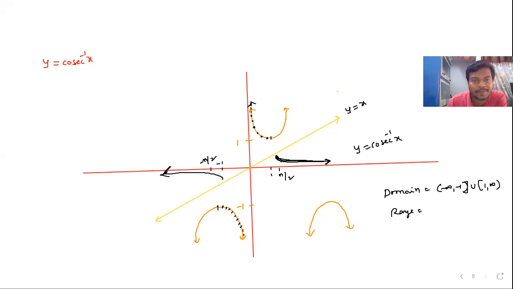Okay, actually y equal to x is this one. And the range is from minus pi by 2 to pi by 2, except 0.